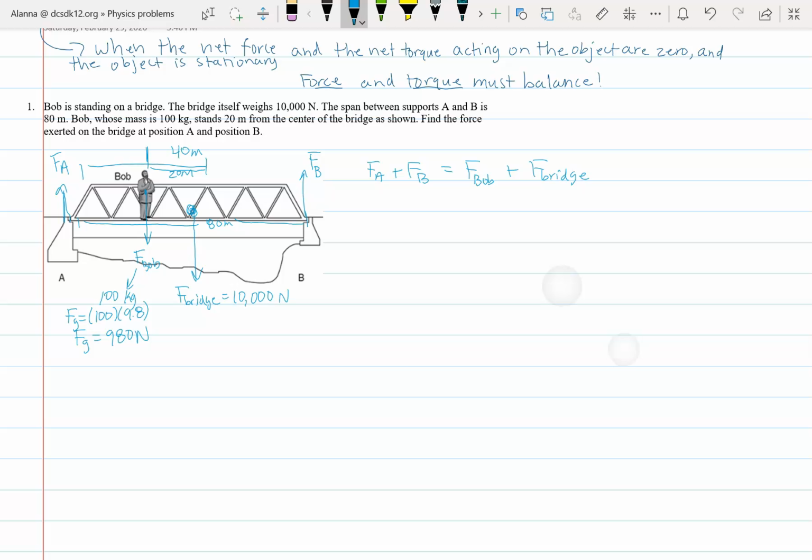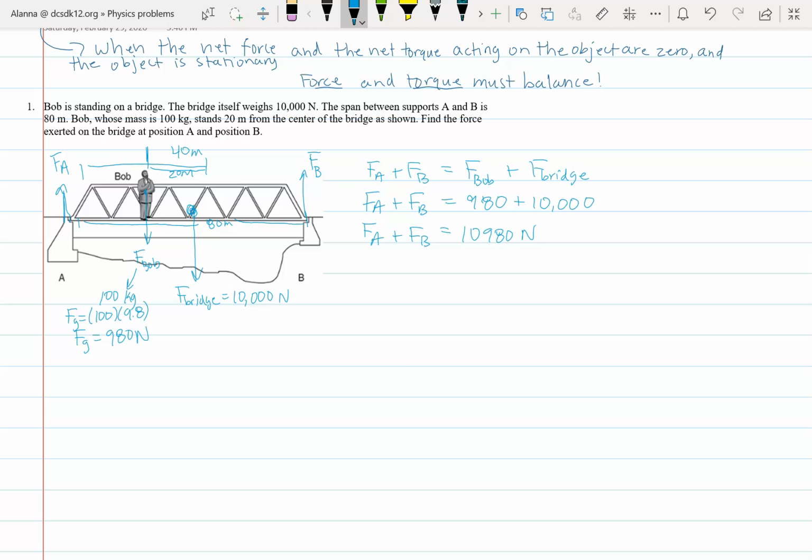So we can start filling in some numbers here. So we know that FA and FB have to add up together to 10,980 newtons.